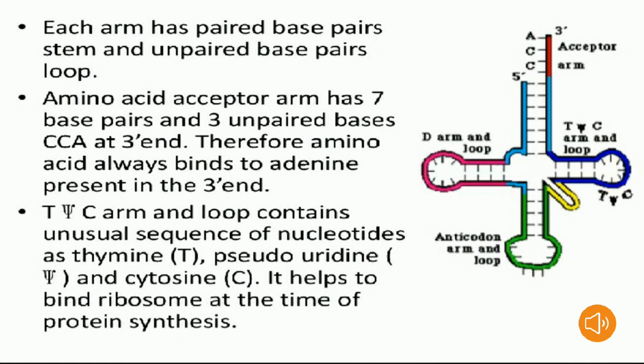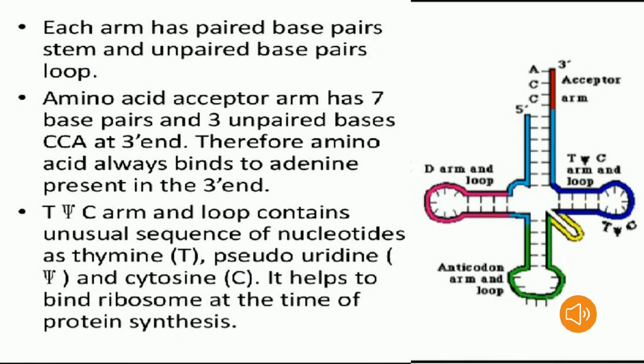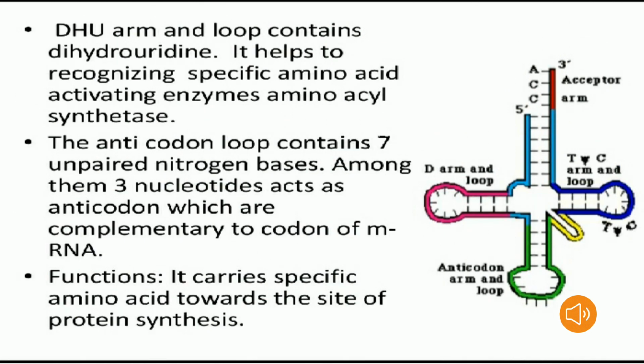It helps to bind ribosomes at the time of protein synthesis. DHU arm and loop. DHU is dihydrouridine. The DHU arm and loop that contain dihydrouridine help in recognizing specific amino acid activating enzymes, that is aminoacyl synthetase, the enzyme.